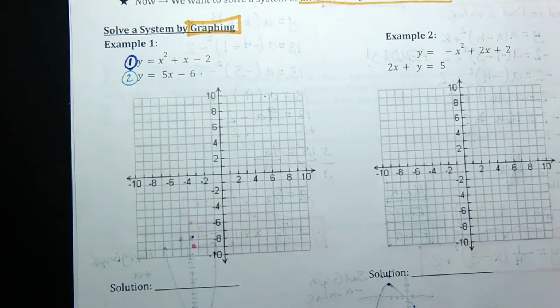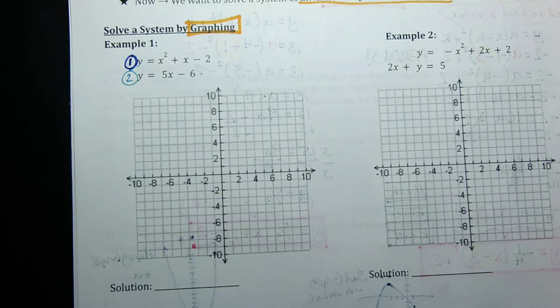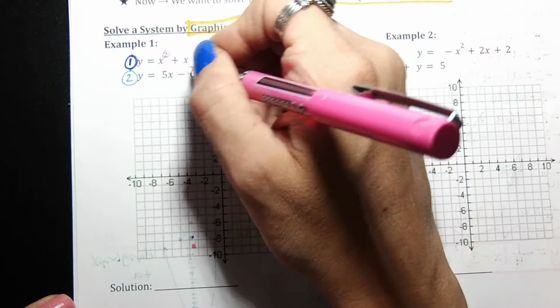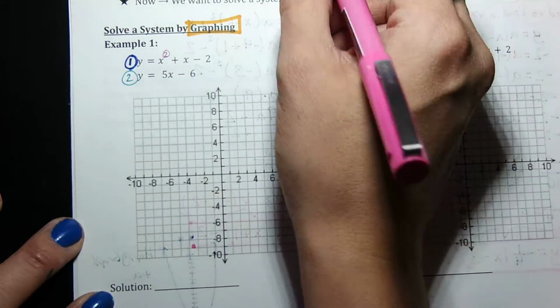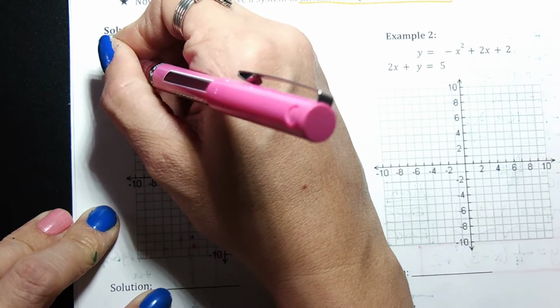Now, before we do anything, we're going to look at those equations and identify what type of functions they are. So as I look at that first equation, what form is it in? It's a quadratic in standard form. So I'm going to put Q for quadratic.